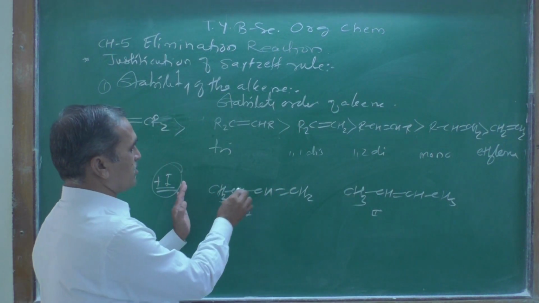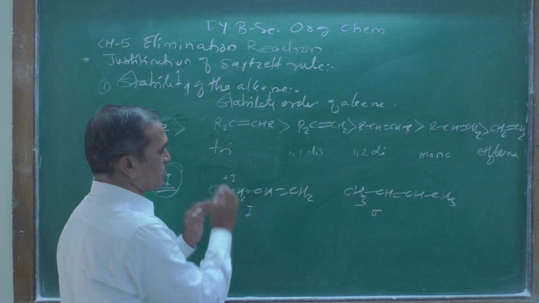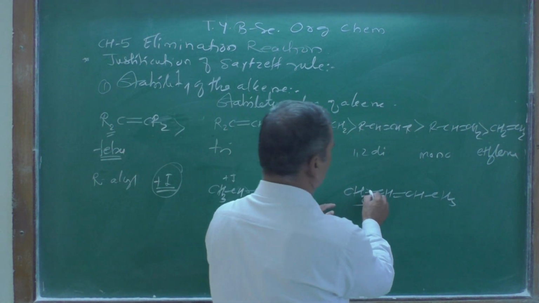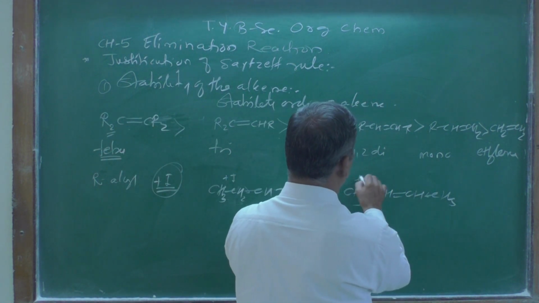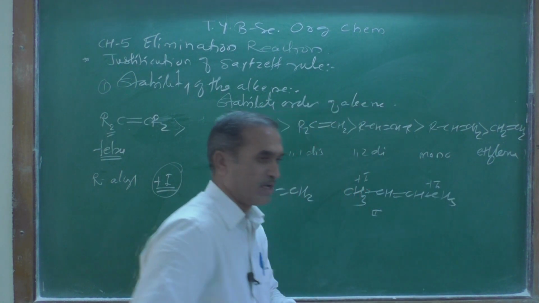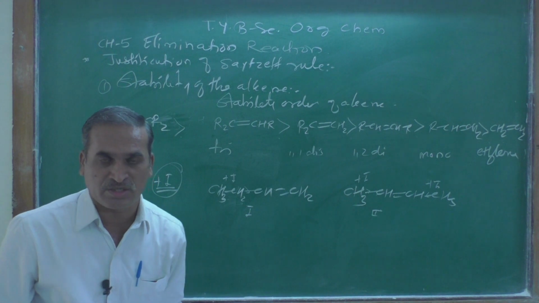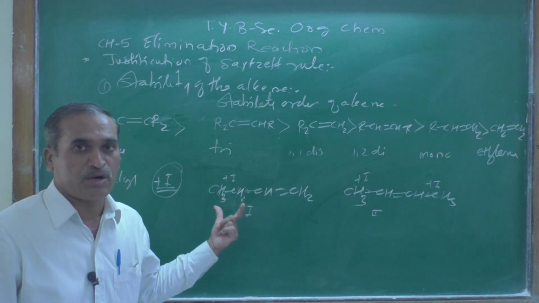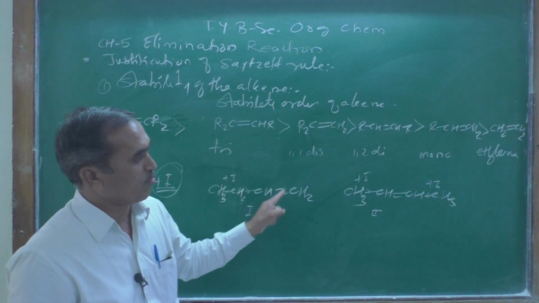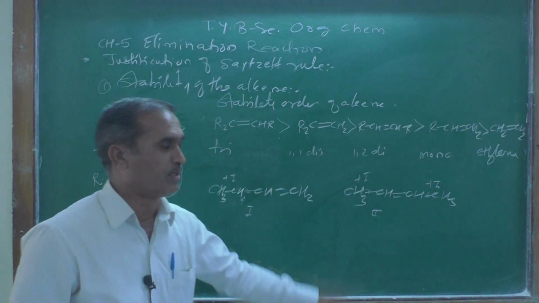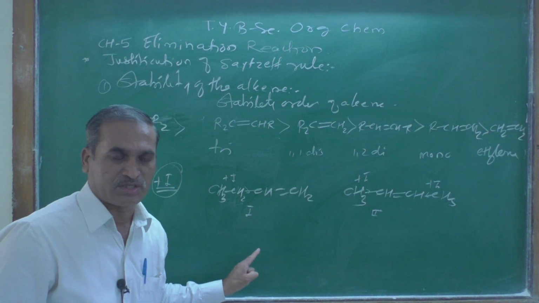Just now we have seen this is an alkyl group that exerts a plus I inductive effect, but there are two alkyl groups exerting a plus I inductive effect. The magnitude of plus I inductive effect in the second structure is greater as compared to the first one, and therefore the second one is more stable as compared to the first structure.